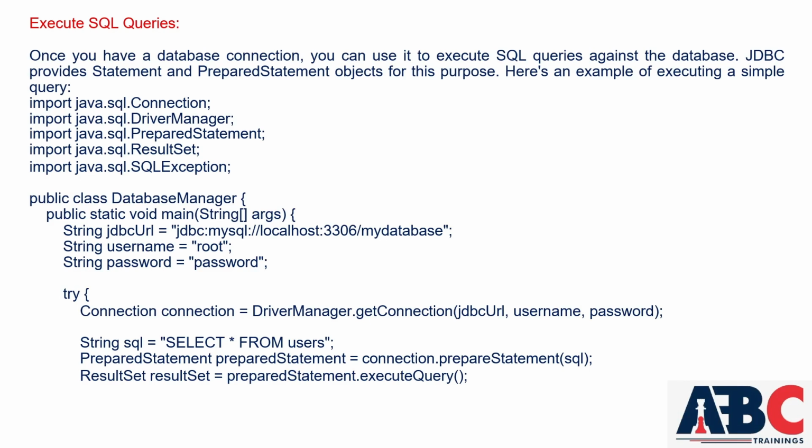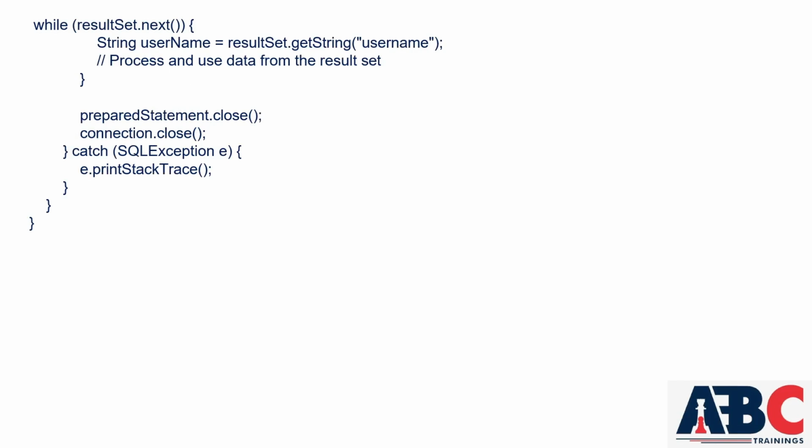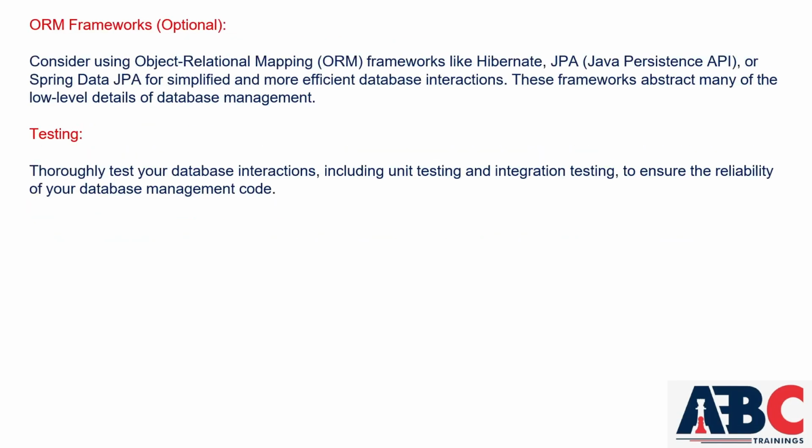For the connection, we add the getConnection method, then for the query we use select star from users, then prepare the statement with PreparedStatement, execute it, and print the result. Next we add the catch block and pass the SQLException.